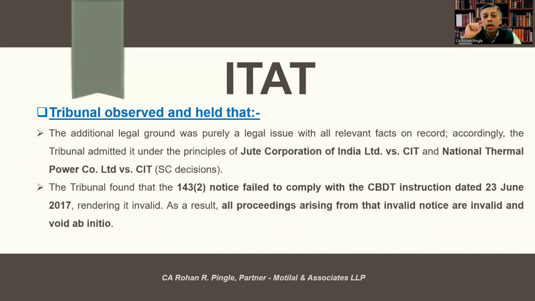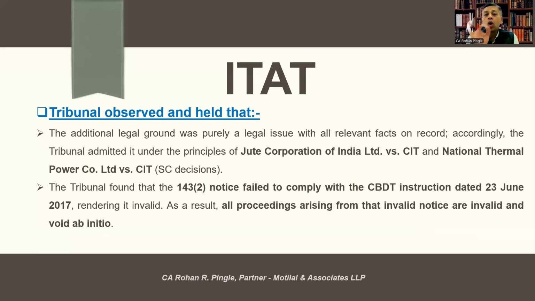The additional legal ground was purely a legal issue with all relevant facts on record. Accordingly, the tribunal admitted it under the principles of Jute Corporation of India Limited versus CIT and National Thermal Power Company Limited versus CIT Supreme Court decisions. The tribunal found that the section 143 subsection 2 notice failed to comply with CBDT instruction dated 23rd June 2017, rendering it invalid.